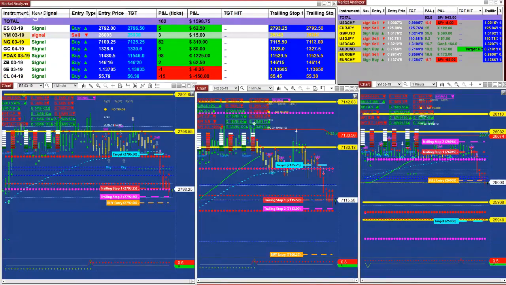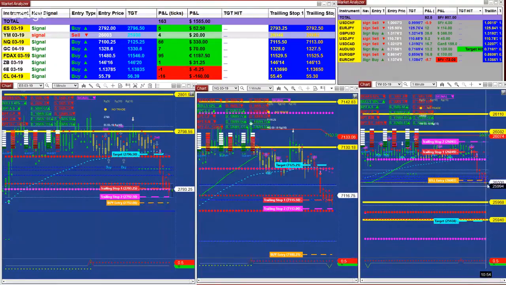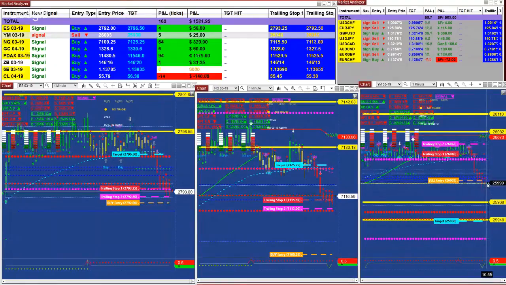Wait. The YM is going to fail, because if the ES is not going to break the last level, the 92.50, this signal on the YM is invalid.